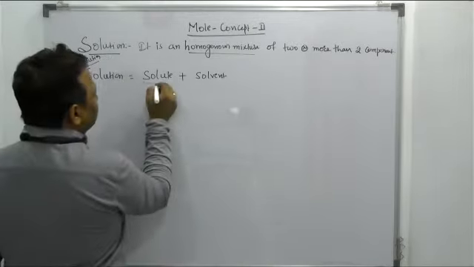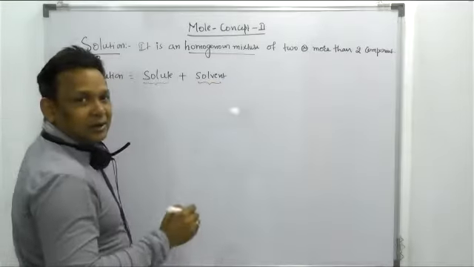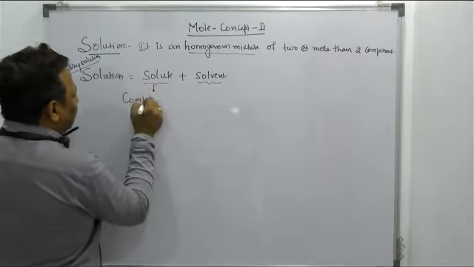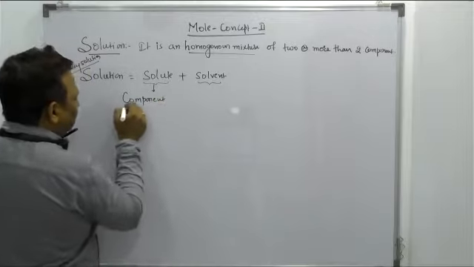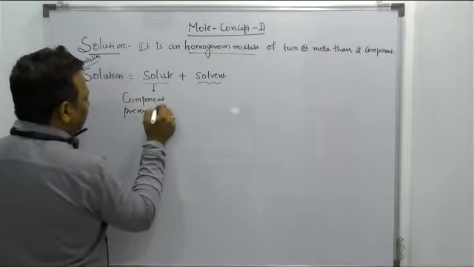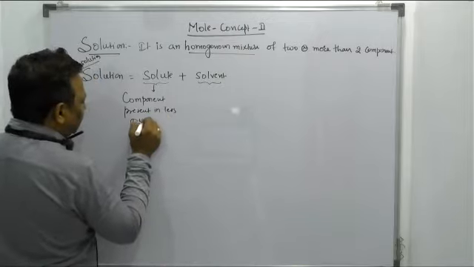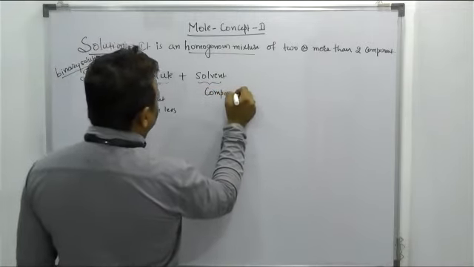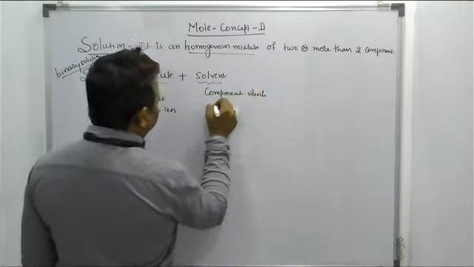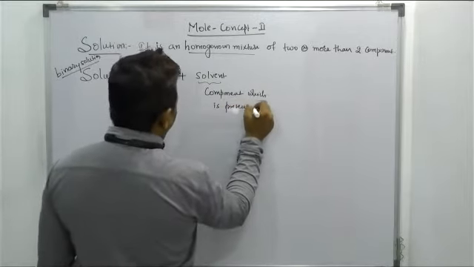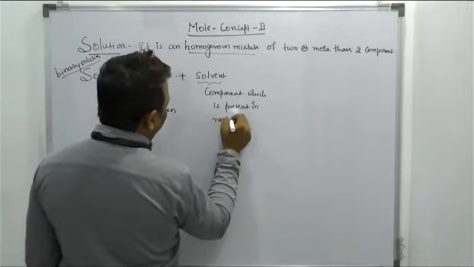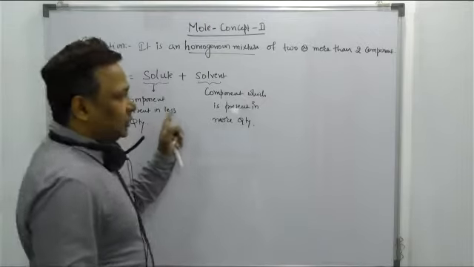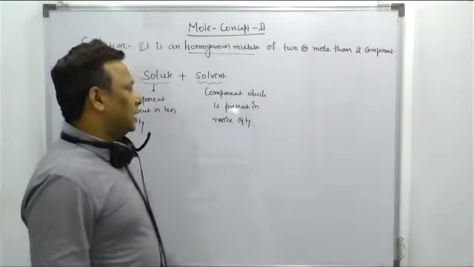Now the question is, what is meant by solute and what is meant by solvent? A solute means the component which is present in a less quantity. The component present in a less quantity is called a solute, and the component which is present in a more quantity is called a solvent.